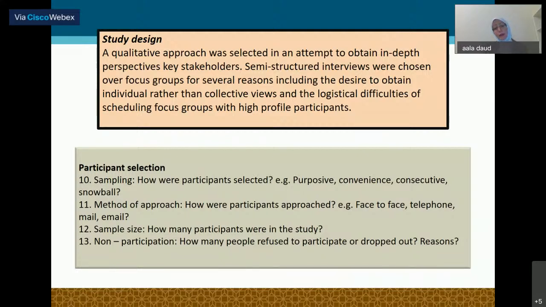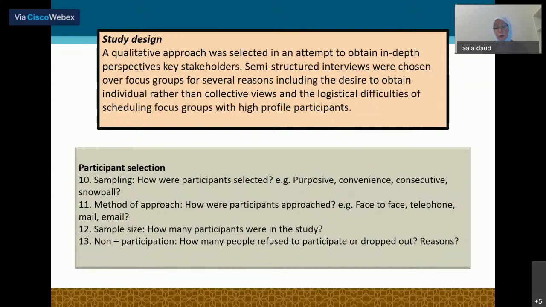So sampling, how were participants selected? No, not yet. We can't find it in this paragraph. Method of approach. So it's not how we approach the candidates. However, they have mentioned that it was done through interviews rather than focus groups, and they've stated the reason for that.